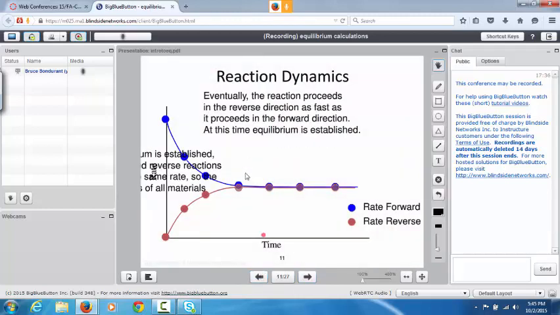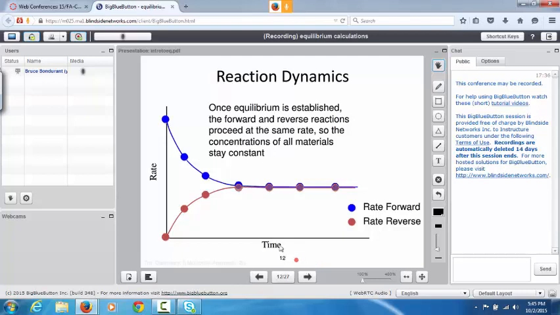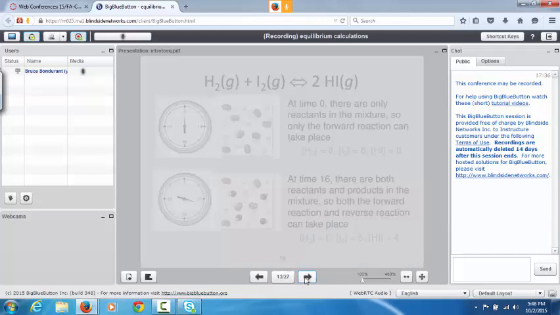So eventually both reverse and forward rates become equal, and after that no net change. As long as the system is not perturbed in any way, there will be no net change in the concentrations of reactants or products. However, there will be reaction happening all the time. It's not that the reaction has stopped, it's just that the forward and reverse rates are now equal.